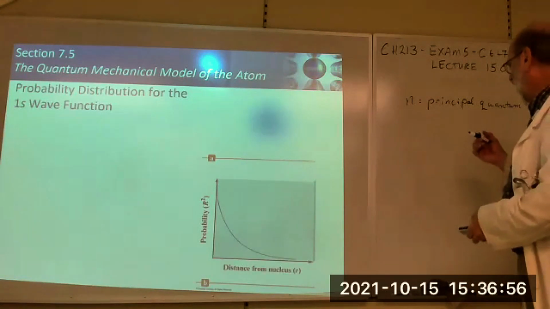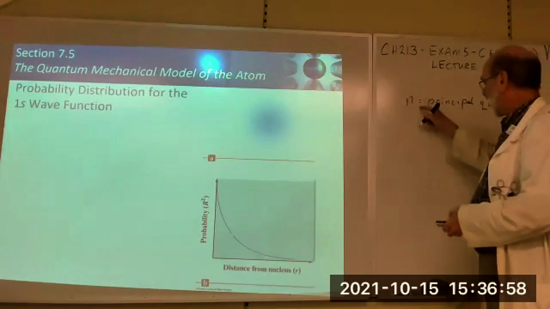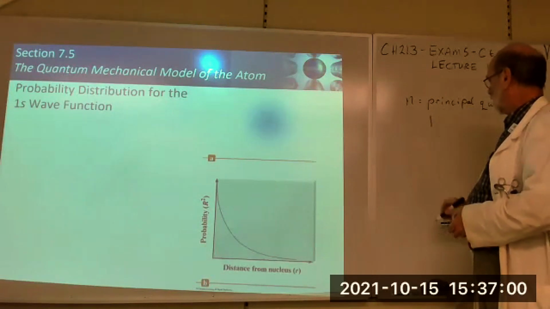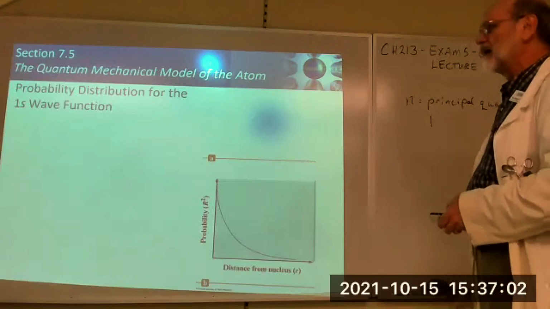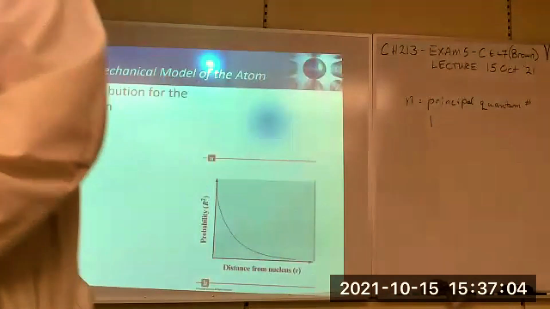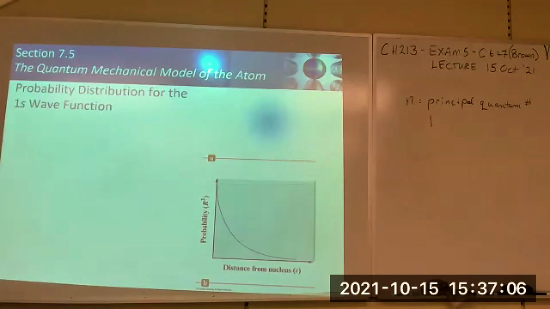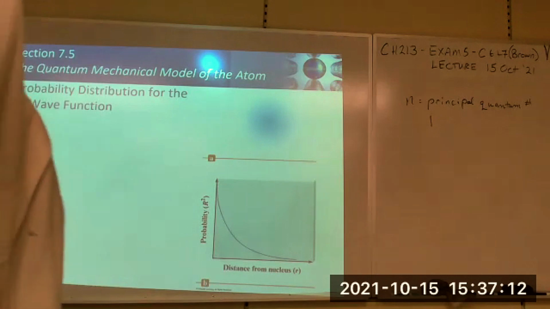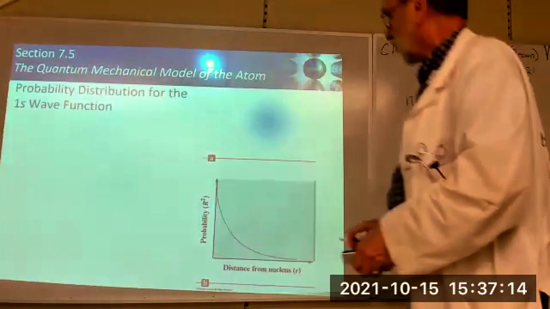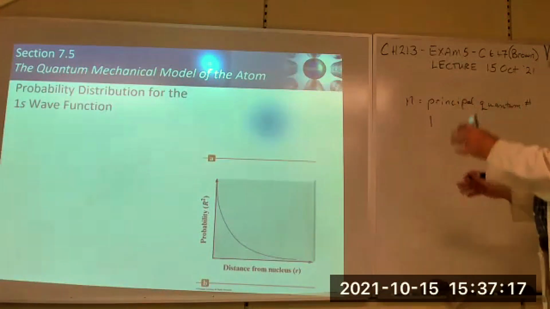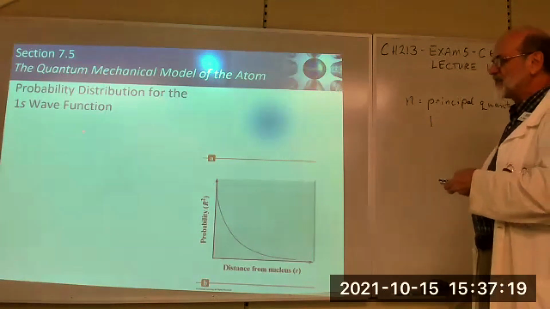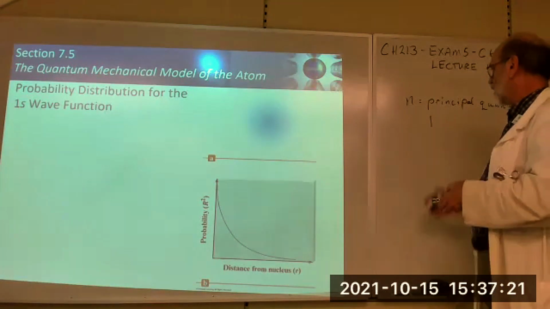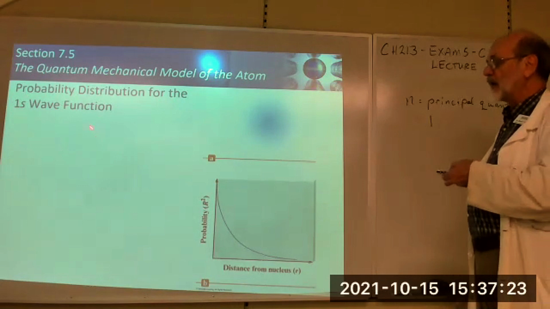So for a 1s orbital, well, we haven't talked about that yet. This is a little out of order, but for the simplest, closest orbital to the nucleus, that's the 1s orbital.